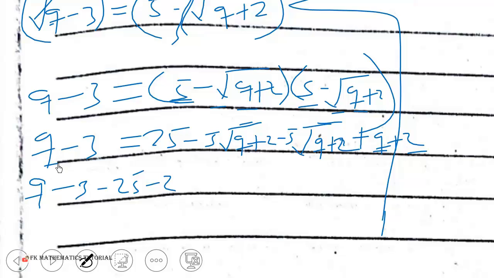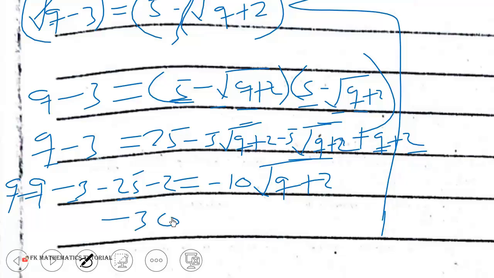The q will go away, so q minus q. On the right hand side we have minus 10 square root of q plus 2. So minus 3 minus 25 minus 2 gives negative 30 on the left hand side, equal to negative 10 square root of q plus 2.